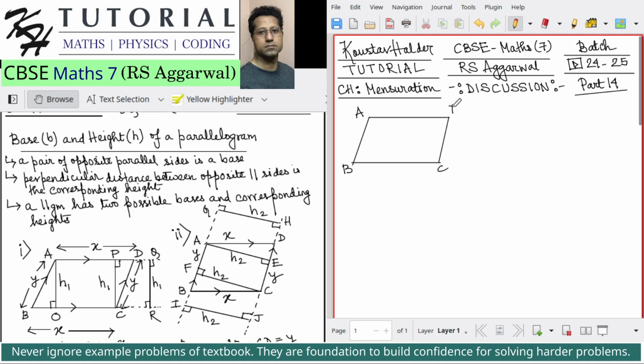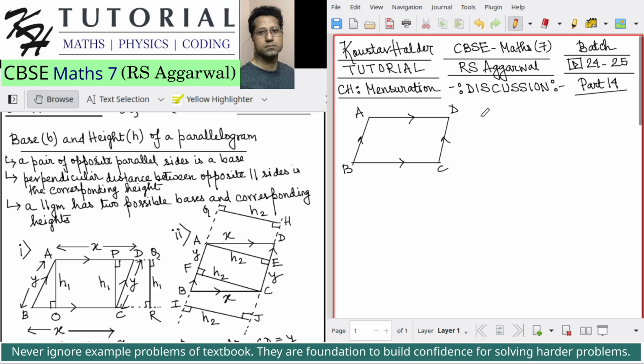ABCD is a parallelogram where AD is parallel to BC and AB is parallel to DC. Now we know that in a parallelogram there are two pairs of opposite parallel sides. So any pair of opposite parallel sides can be considered as the base of a parallelogram, and the corresponding height of the parallelogram will be the perpendicular distance between the 2 parallel opposite sides.